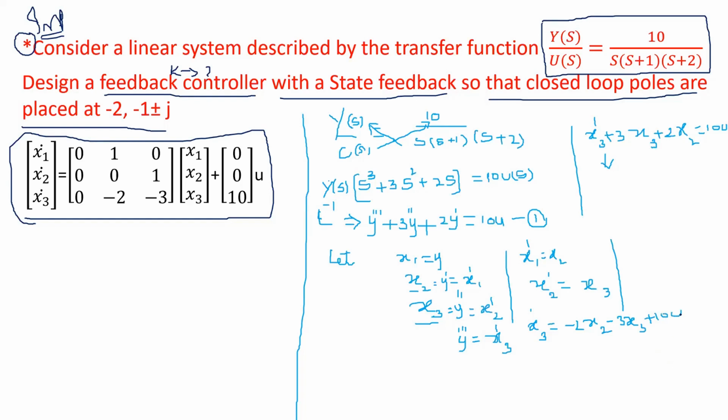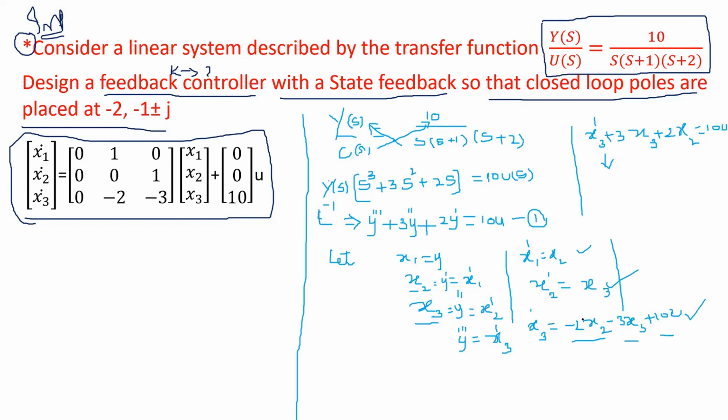Look at this one, 10 into u. So if you mention x1 dash is equal to x2, x2 dash is equal to x3, x3 dash is equal to minus 2x2 minus 3x3 plus 10 into u.